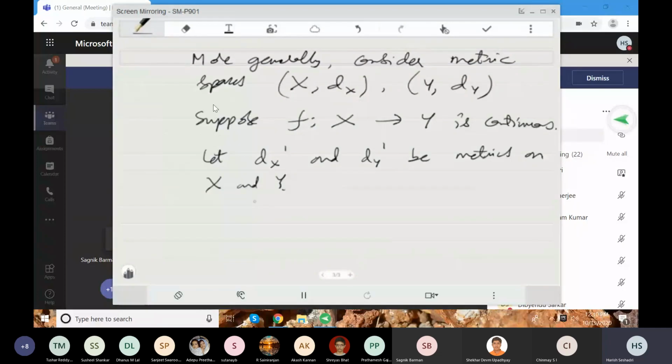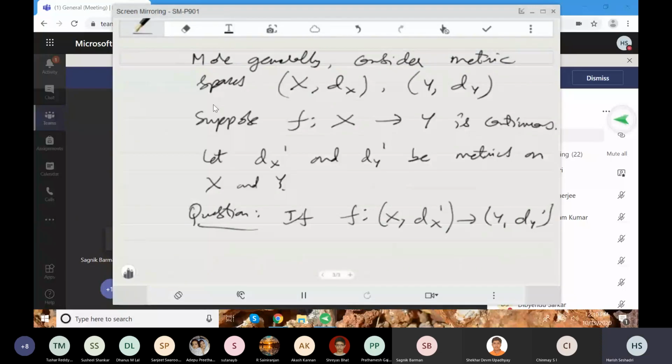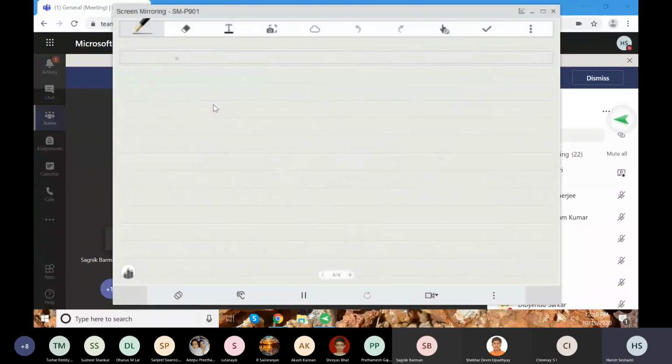Now the question is, is f from (X, d_X^1) to (Y, d_Y^1) still continuous? And the answer is no. That's unreasonable to expect. And here's a simple example.